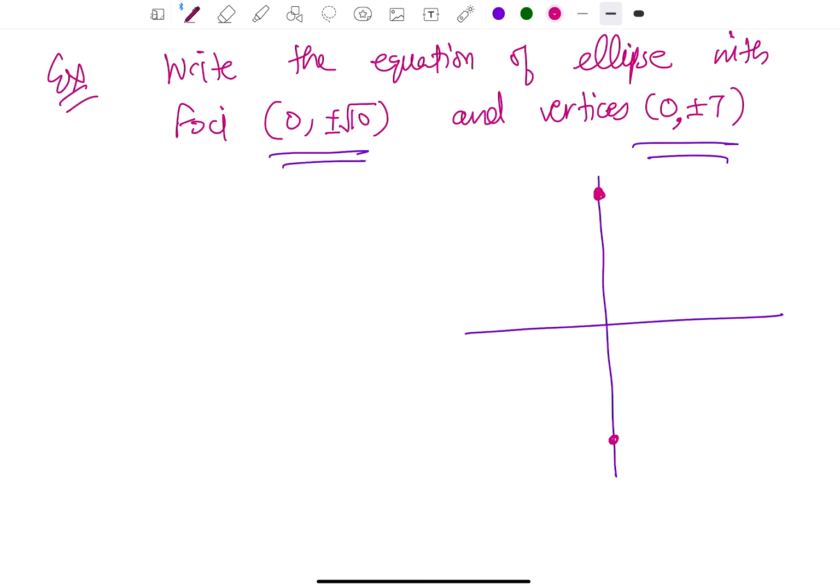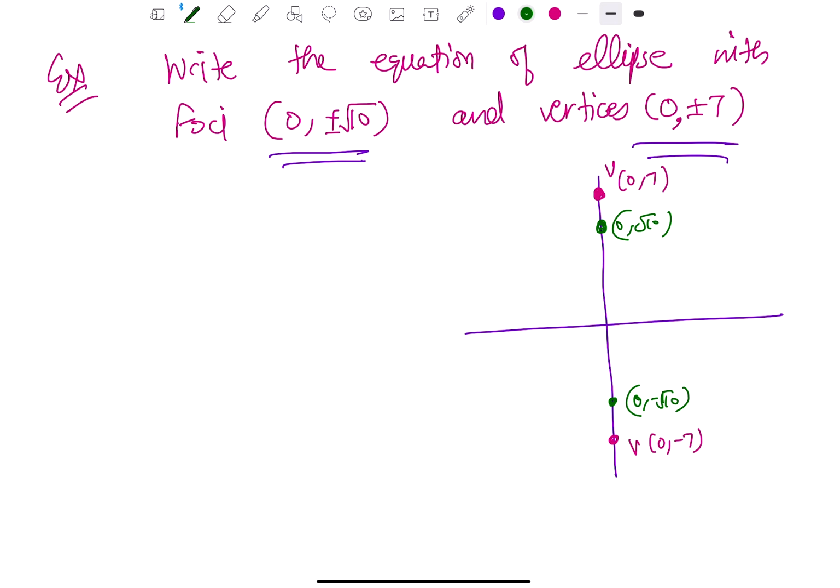So this is my vertex, 0, 7. This is another vertex, 0, -7. And there are my foci, 0, square root of 10 positive, and 0, negative root 10. Square root of 10 is around 3.1, 3.2, because it's between 9 and 16. Those are the two perfect squares.